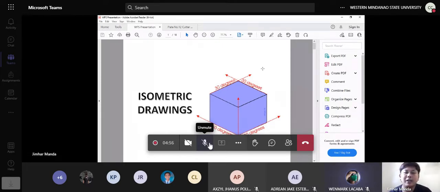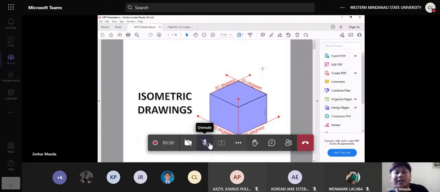Isometric drawing is one of the most basic 3D representations of our model or object. So if we want to present our 3D model using 2D, even in AutoCAD or using computer software, when we talk about isometric drawings, this is a way to represent a 3D model using just 2D commands for AutoCAD.